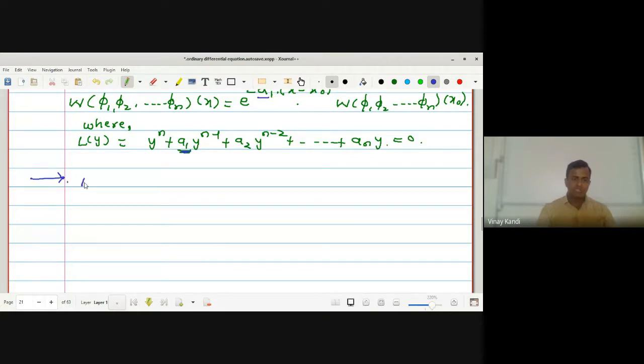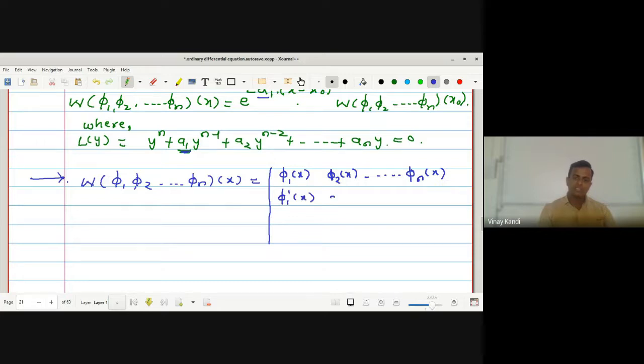We know that the Wronskian of phi 1, phi 2 up to phi n at point x is given by this determinant. The first row is phi 1 of x, phi 2 of x up to phi n of x, and the next row is phi 1 dash of x, phi 2 dash of x, up to phi n dash of x.